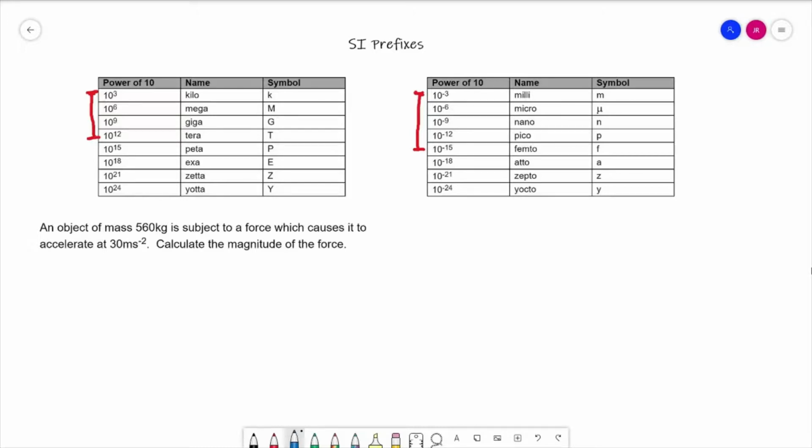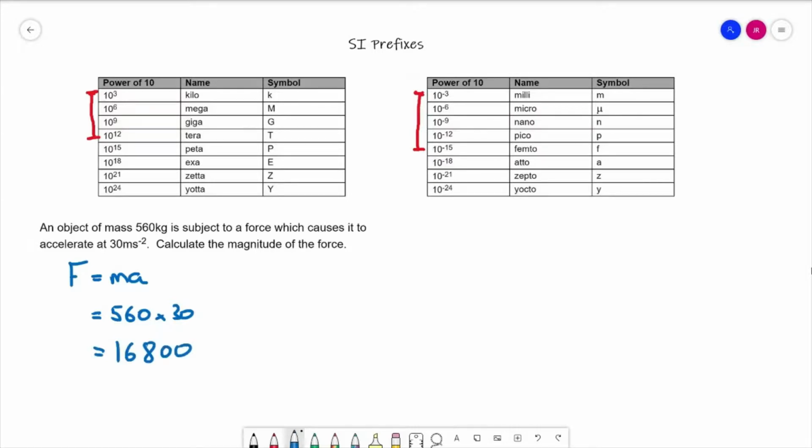Now, of course, the equation that we're going to use here is Newton's second law, which is F equals ma, or at least that's the simple version of Newton's second law. When we put the numbers in, so we have 560 multiplied by 30, on our calculators we end up with 16,800.